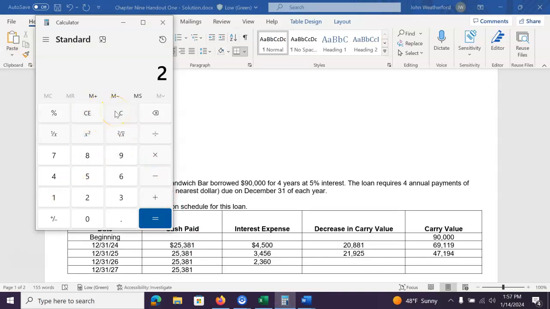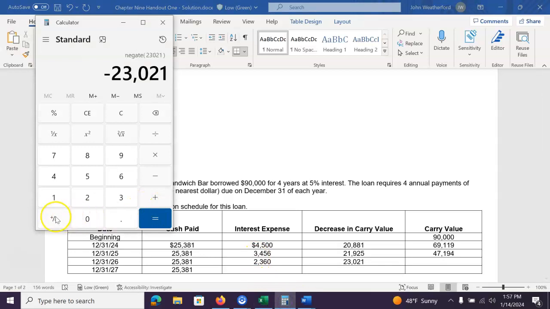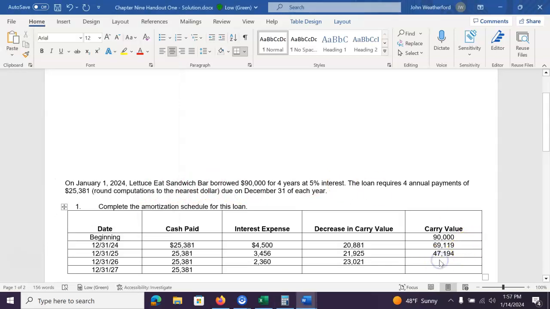So I'll say 25,381 minus 23.60, 23,021 here. Now we'll subtract that from the 47,194. And that gives us a new carrying amount of 24,173.